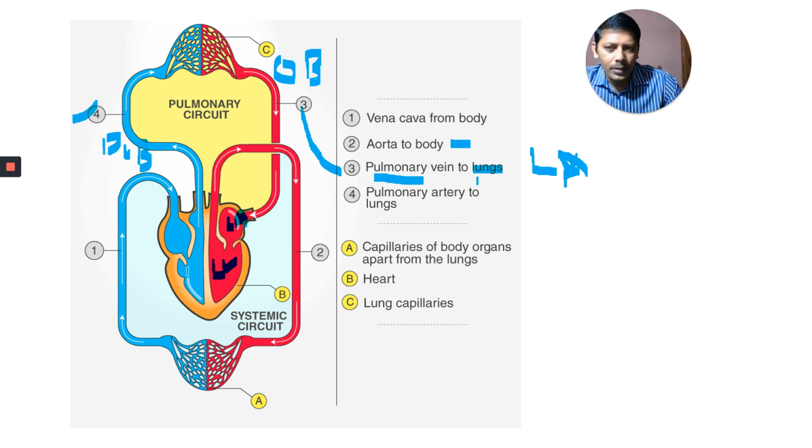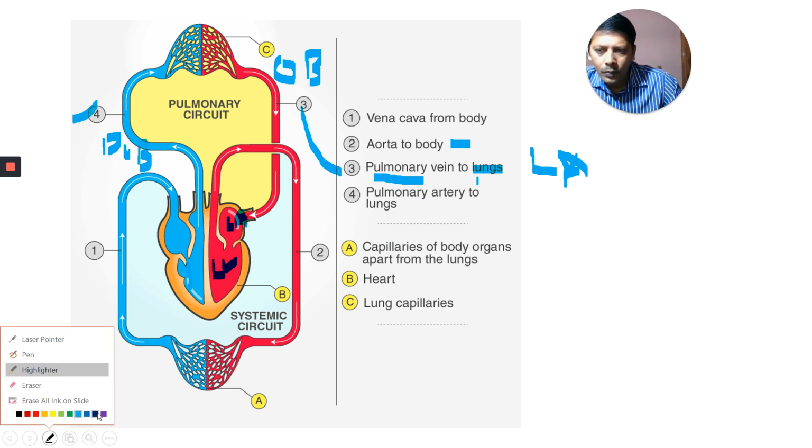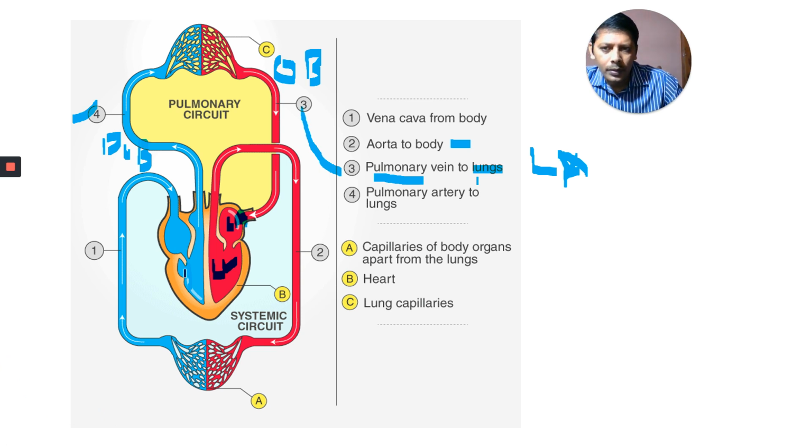From here I started. I started from the right ventricle, then went from here to this part, and again I have reached here.